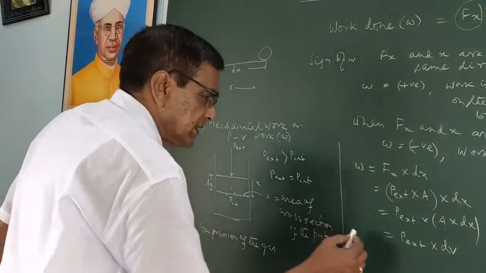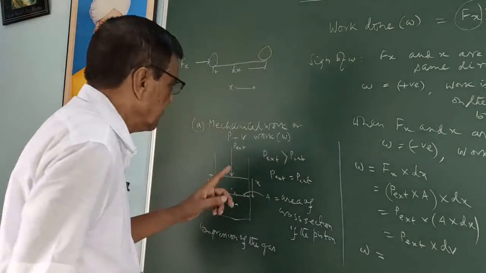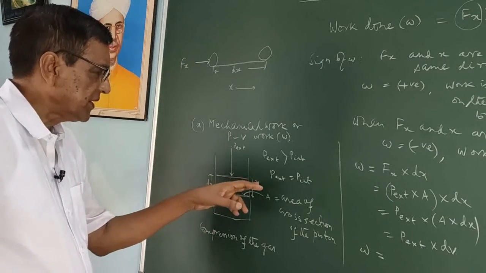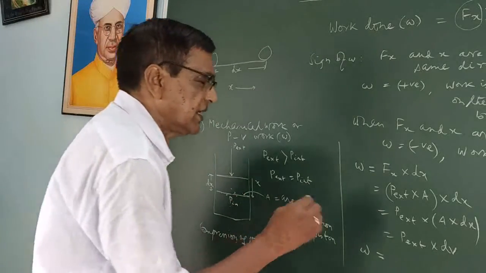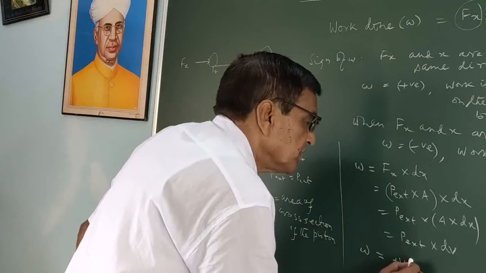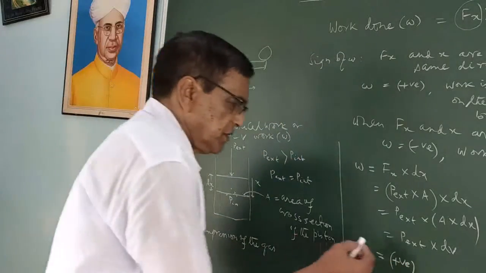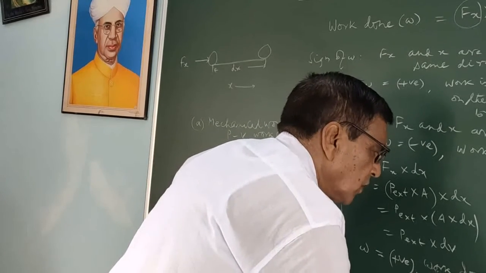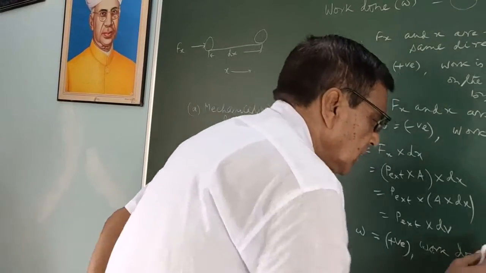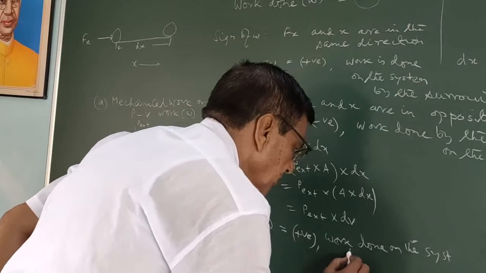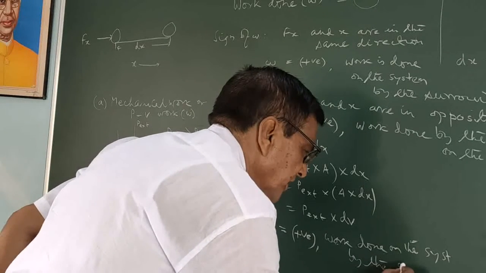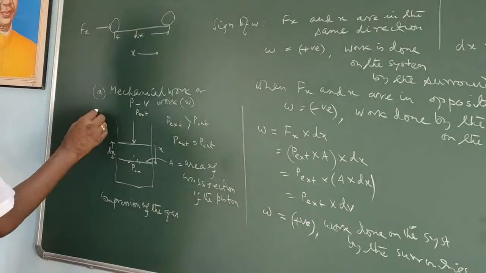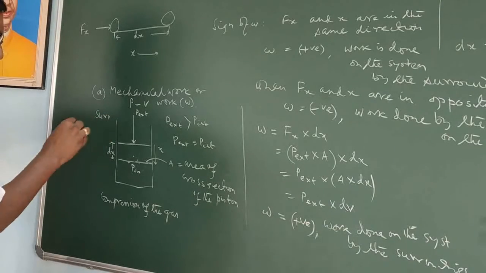In this case, external pressure, which is force per unit area, and the displacement x are in the same direction, so the sign of W is positive. It means work is done on the system by the surroundings.